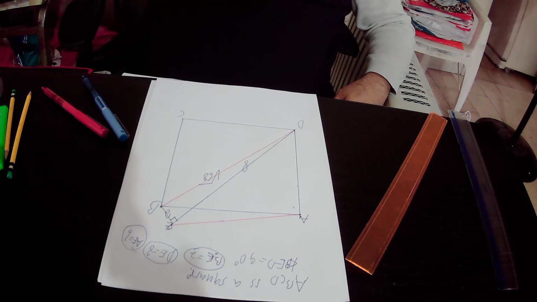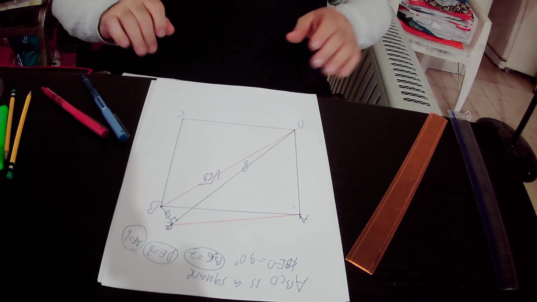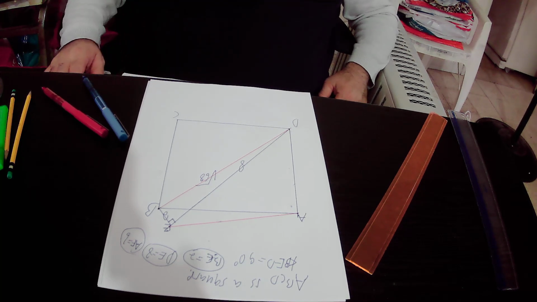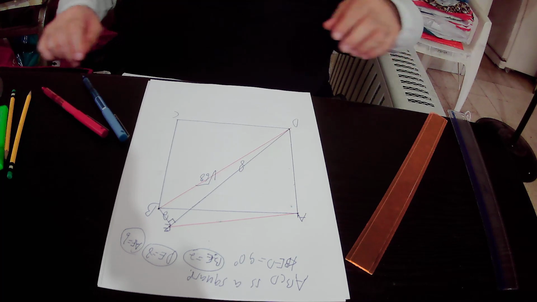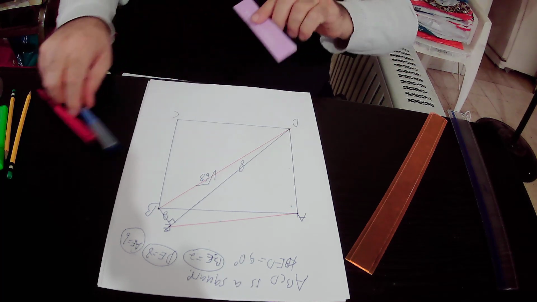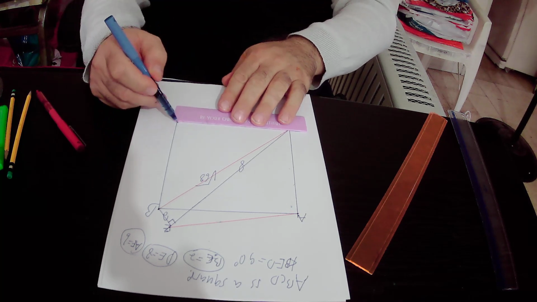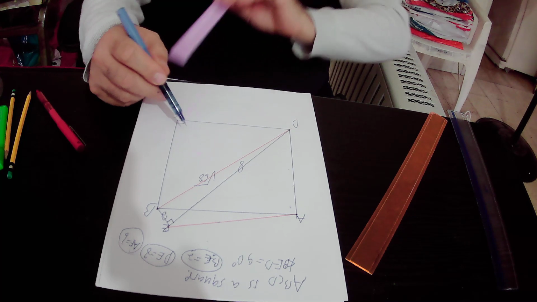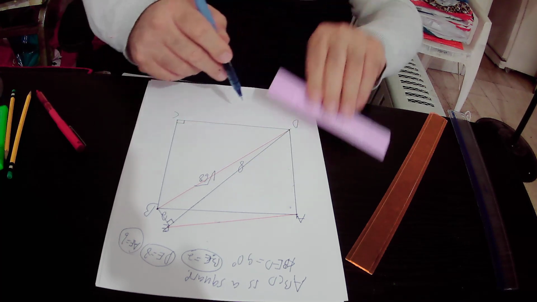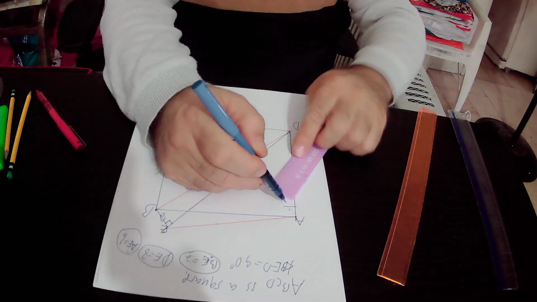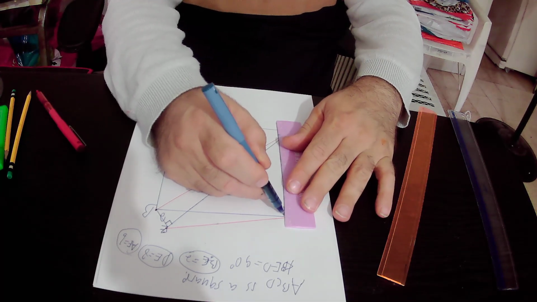We also have the rule that all the angles inside the square are right angles, therefore angle BCD is a right angle, it equals 90 degrees, and angle BAD also equals 90 degrees.